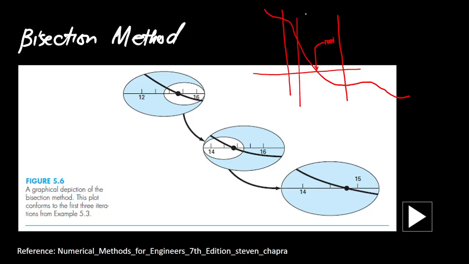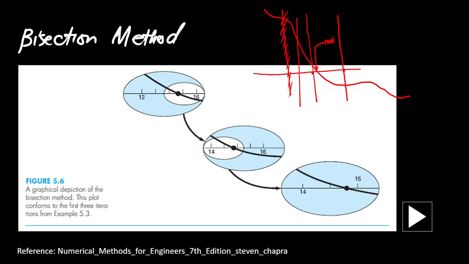Let's just say this is the half of the bracket. So what happens now is you have 3 points here, and you need to update your brackets. As we observe in this situation, you need to erase this one and update that this is your new lower bracket, or new lower guess, because it is much nearer to the root.